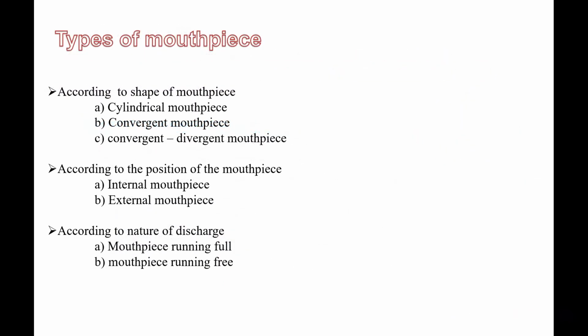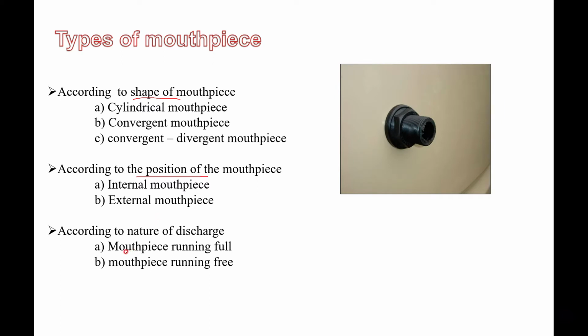Next, there are different types of mouthpieces. These are classified based on the shape of the mouthpiece, according to the position, and according to the nature of discharge. According to the shape, there is the cylindrical mouthpiece, meaning a uniform diameter, the convergent mouthpiece, and the convergent-divergent mouthpiece.